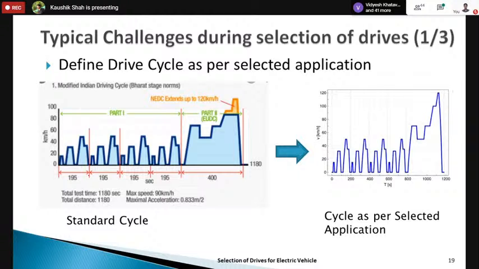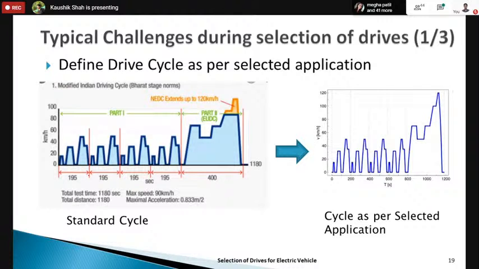And of course, there are n number of methods to get the cycle. Let's say you are putting your vehicle in the city. In the city condition, you need to really understand how people are driving. There are different kinds of drivers: somebody is very aggressive, somebody is driving very lightly. And there are city traffic conditions, different terrains, gradients.